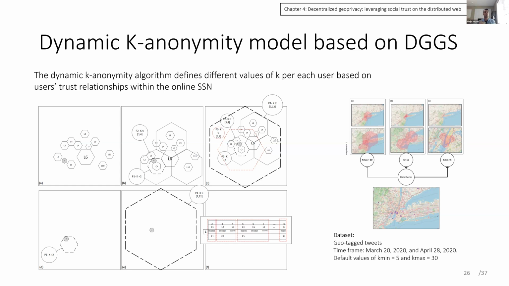Depending on the trust level between nodes, they share that certain cell with a certain diameter. This applies when you want to share a point, or for line data, you can break it into multiple cells and apply it on each cell separately.